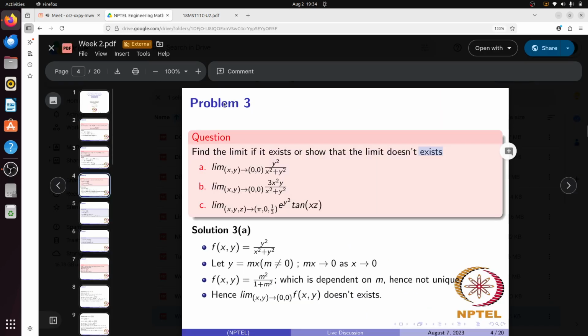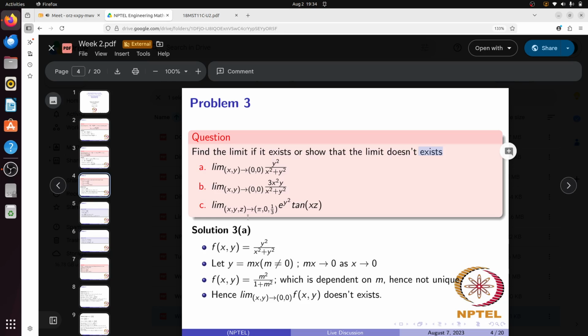Now come here: find the limit if it exists or show that the limit does not exist. The limit as (x, y) tends to (0, 0) of y squared by x squared plus y squared. Consider the path. How do we show that the limit does not exist for the real line R? In the case of the real line, you calculate the left hand limit and the right hand limit.